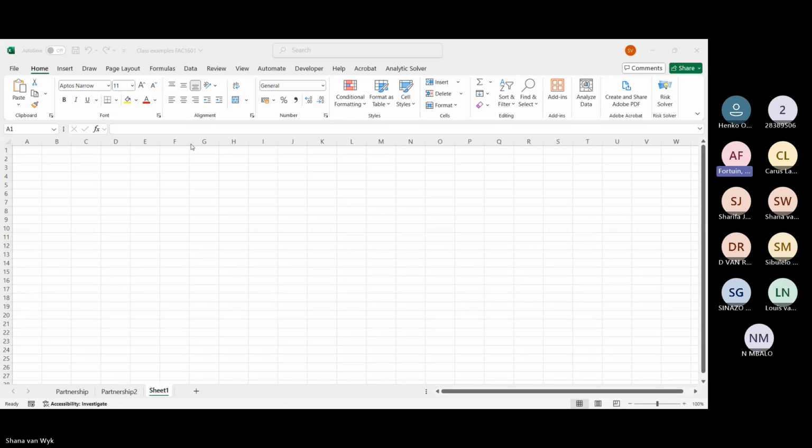For the people that are new, if you look at the first tab. Let me just see the other example, the exam type question.